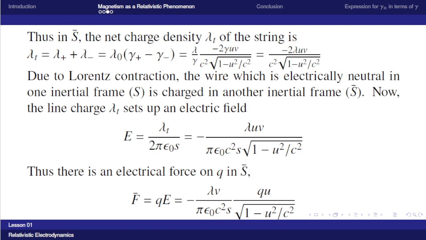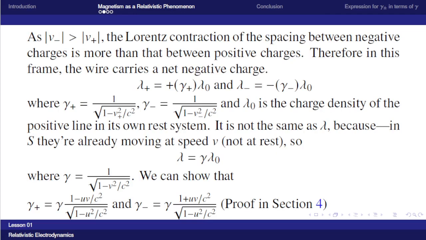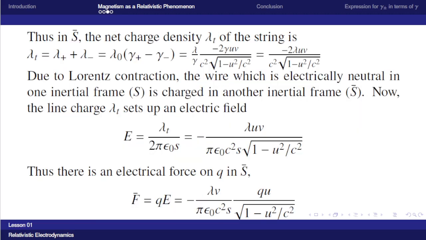So lambda 0 into gamma plus minus gamma minus. Now what is lambda 0? Lambda 0 is lambda by gamma. Now we are converting this lambda 0 into lambda, that is into the S frame. So lambda by gamma into this gamma plus minus gamma minus is minus 2 gamma UV by C square into root of 1 minus U square by C square.